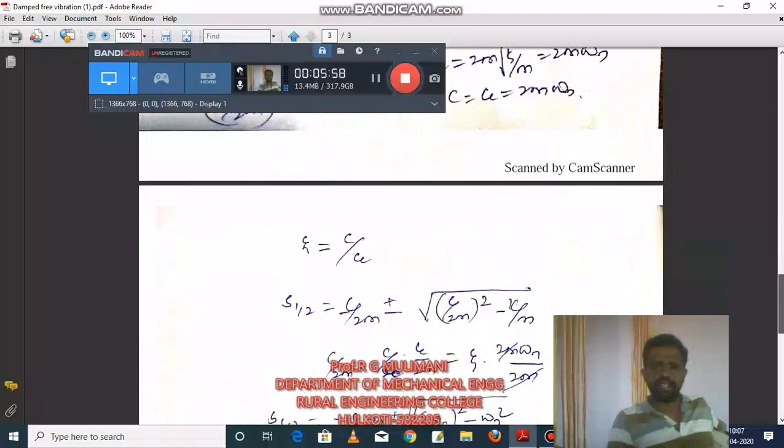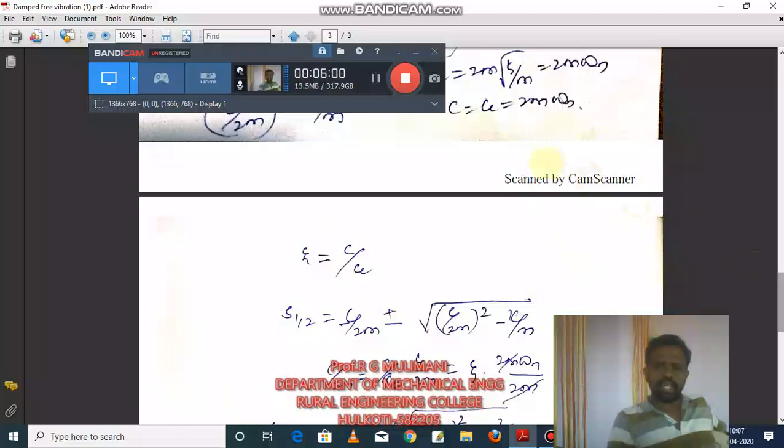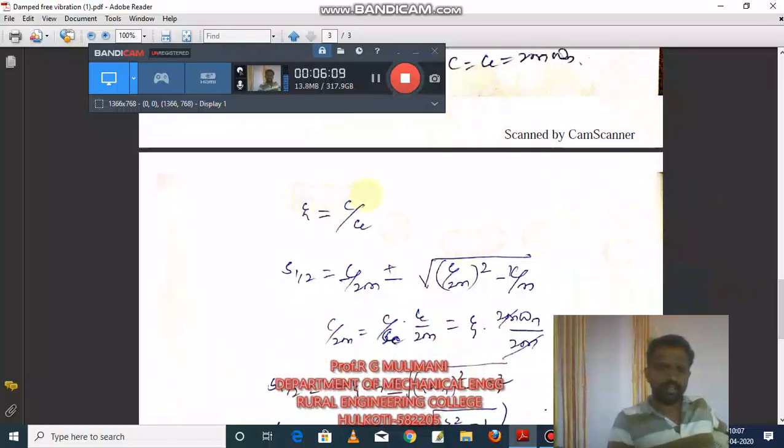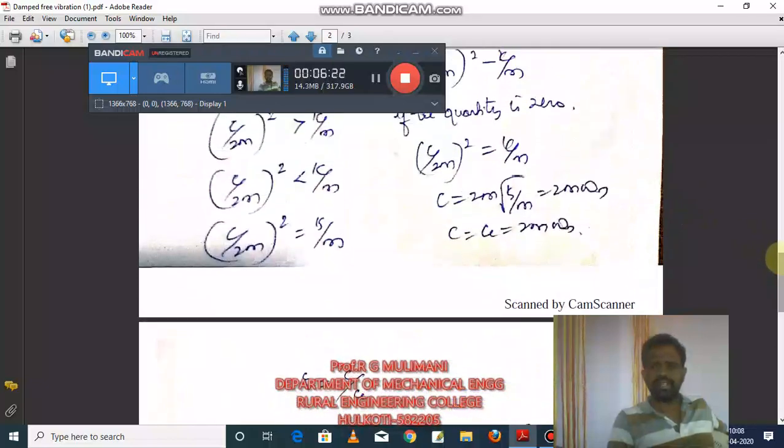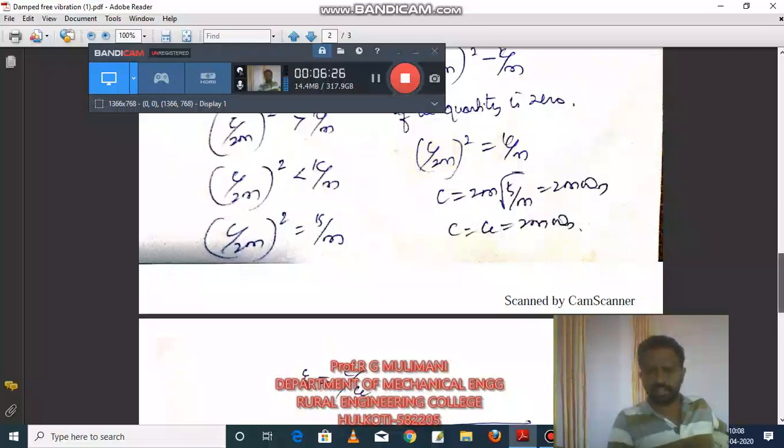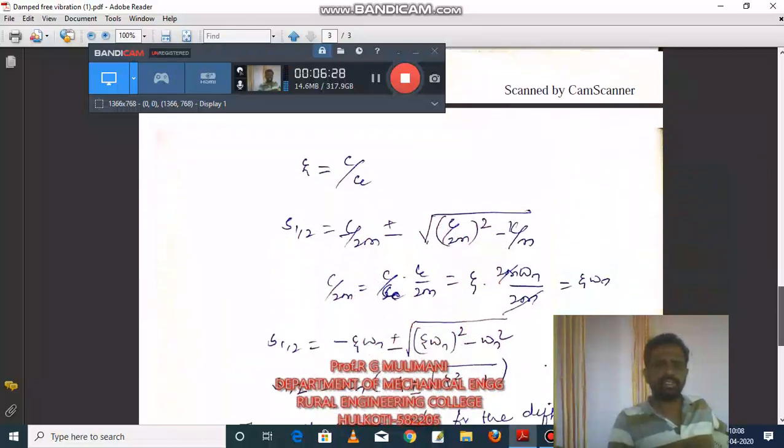Then what type of system are we finding by this critical damping coefficient? The ratio of actual damping coefficient to the critical damping coefficient is called the damping ratio. What is the critical damping coefficient? When (c by 2m) whole square is equal to k by m, then that c value, that damping coefficient value, is called the critical damping coefficient.